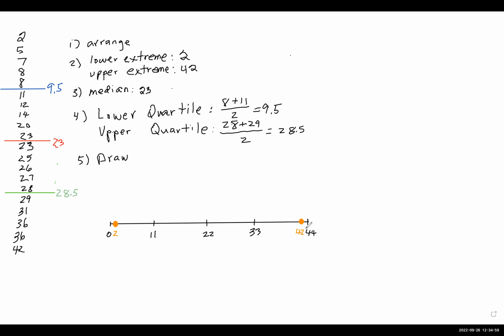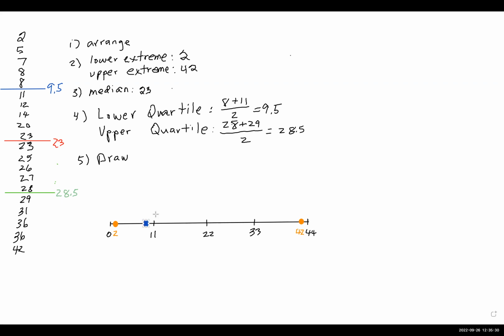So I was accidentally using the proper words. So 9.5 is my lower quartile. And I'm going to draw that in. And I might as well make it blue. And 9.5, so that is right about here.